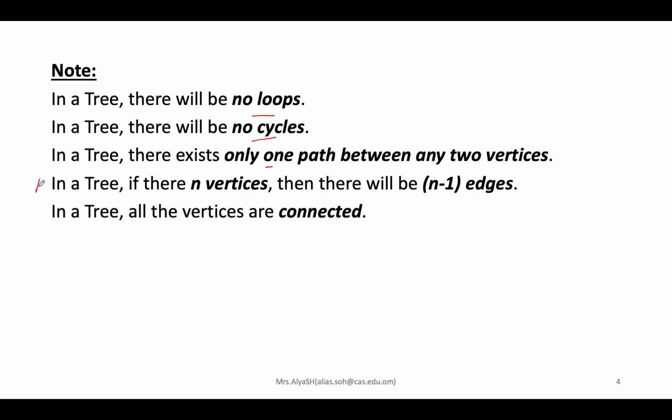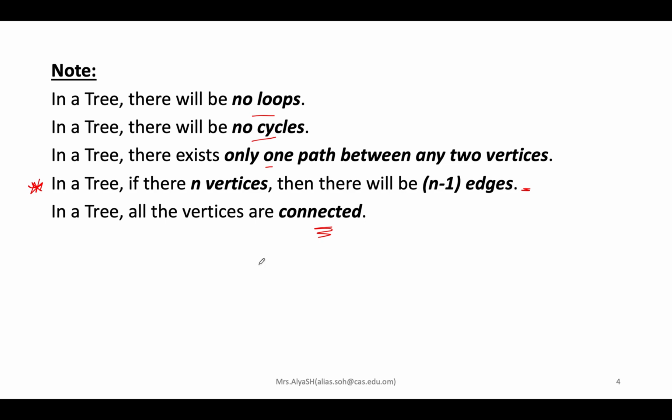And we got here a rule, we should keep it in our mind, which is in a tree, if there are n vertices, then there will be n-1 edges. Okay, so how to calculate the edges in any graph? If we got n vertices, then it should be n-1 edges.